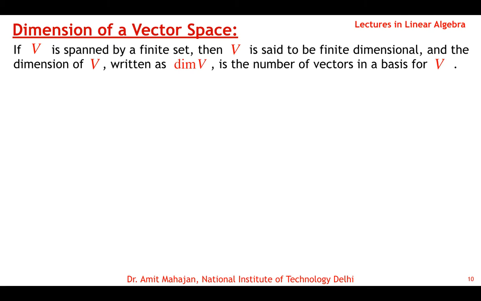Now we define what we mean by the dimension of a vector space. Dimension is basically how many vectors there are in the basis.